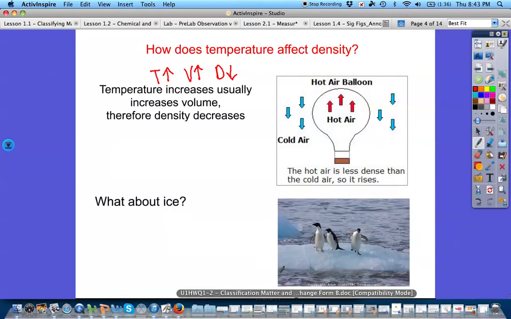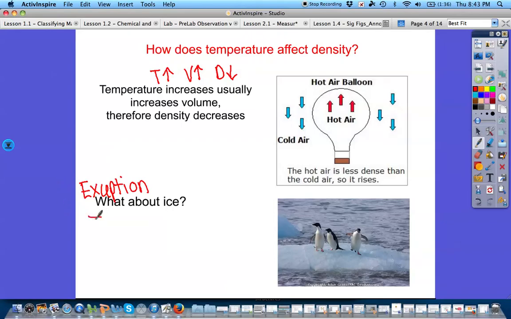So an exception is for ice. Ice is typically colder than the beverage that you put it in, and ice is going to float.